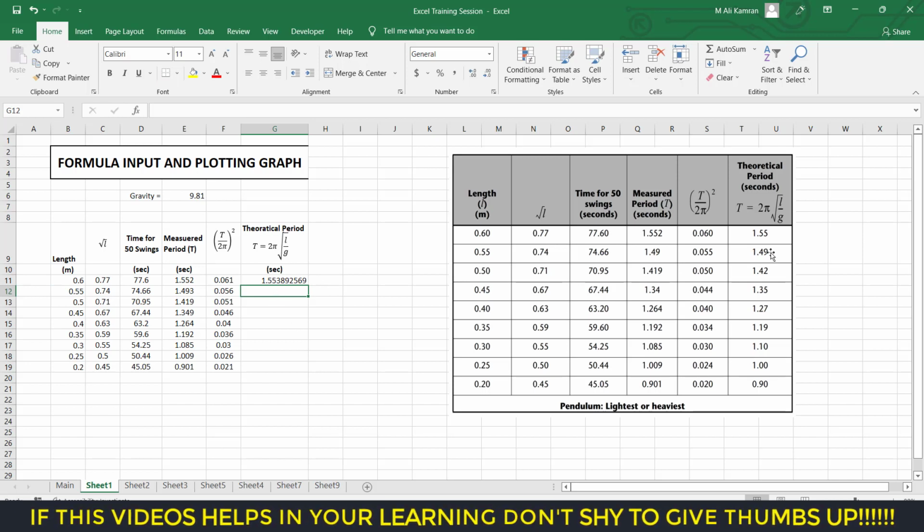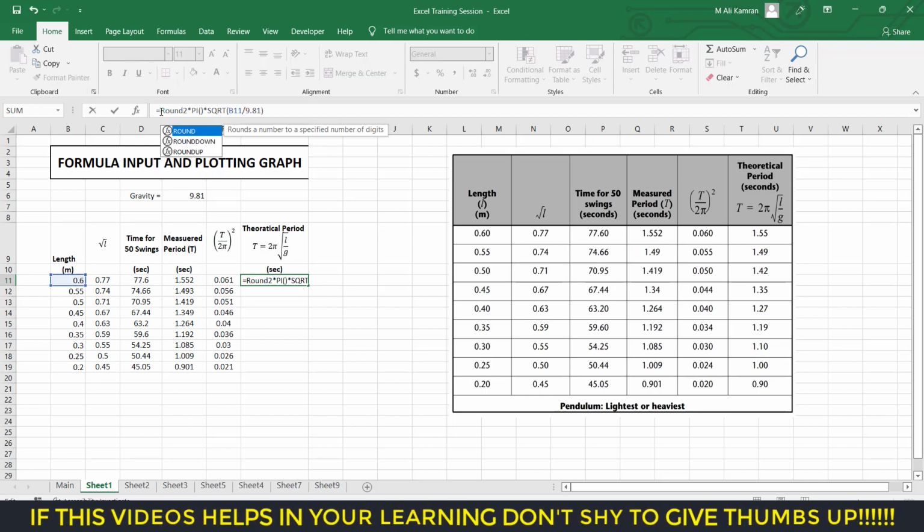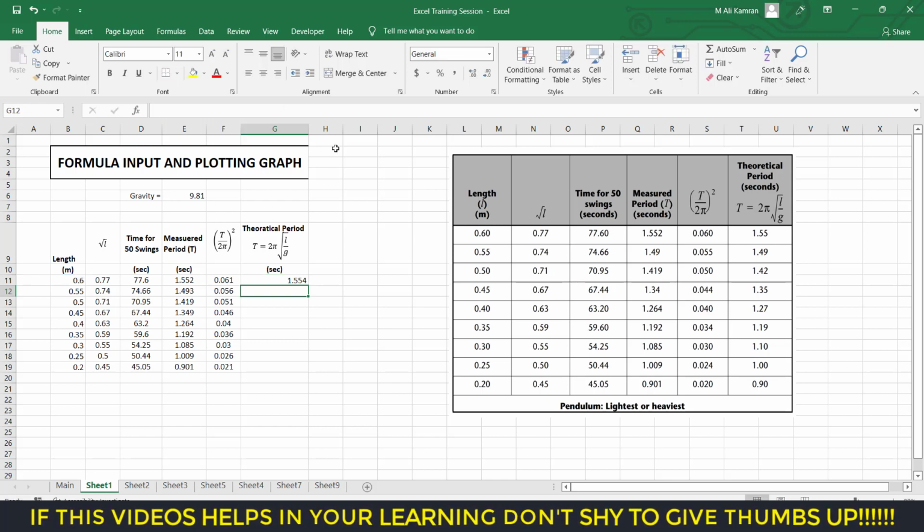So let's round this value up to 2 decimal places as well. So again we need to write round, press tab, and then put a comma, and then up to 2 decimal places and close the brackets. So this is 2, enter. Now double click on this, right?